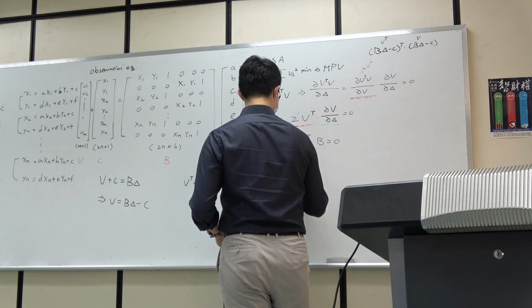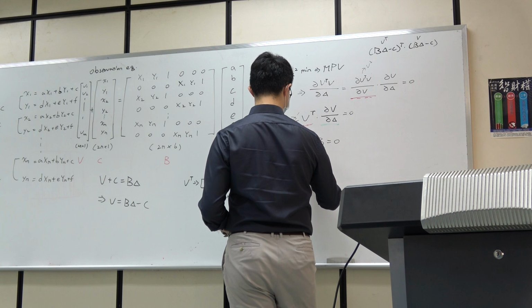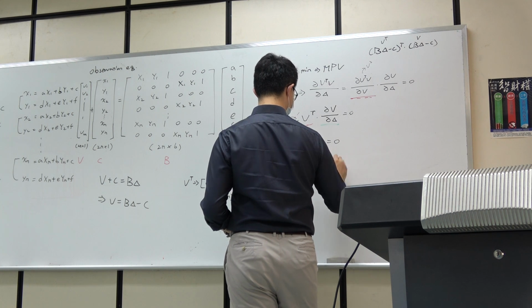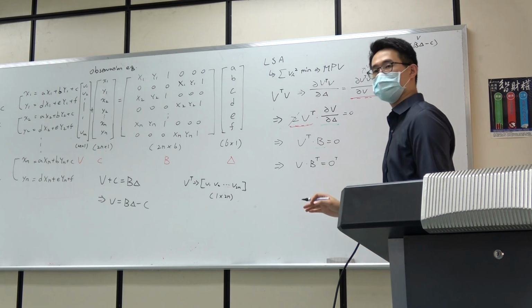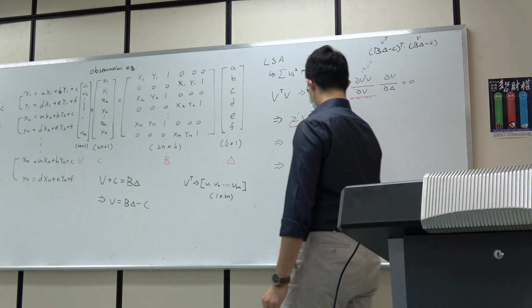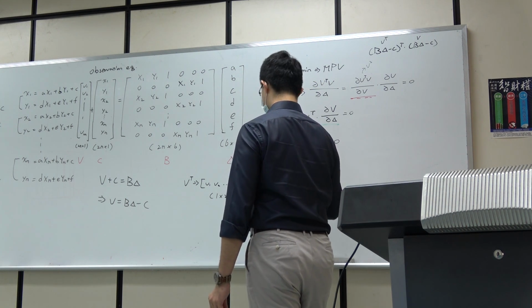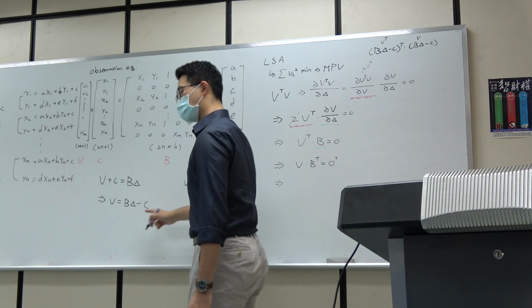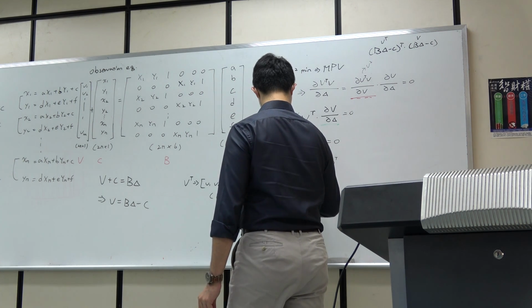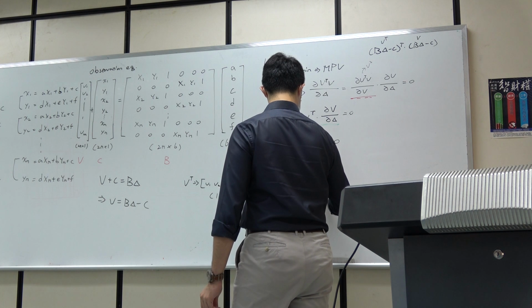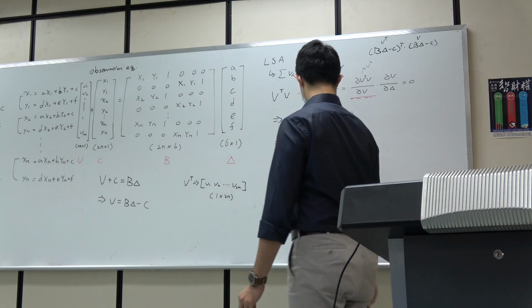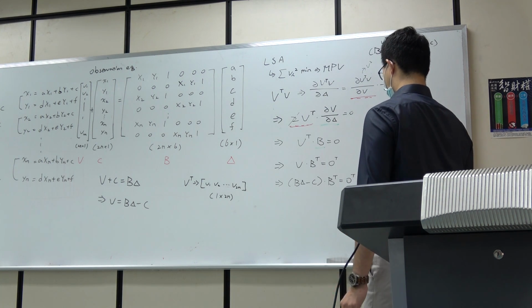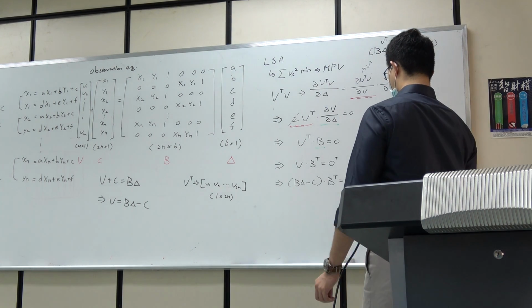So this can be modified as v transpose equals 0 transpose. Right, let's take the transpose on both ends. And then the next thing is v equals this, v equals that. So let's put in b delta minus c.